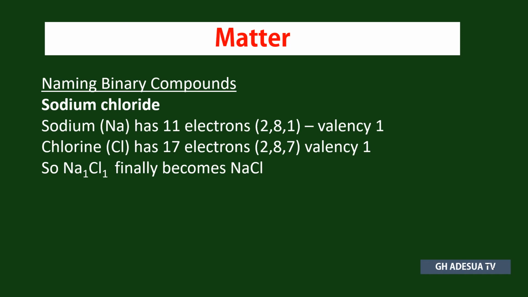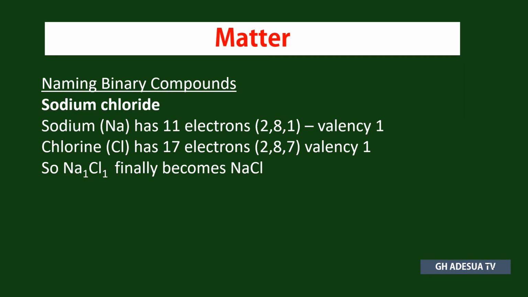Earlier, I told you that when it has 1, 2, or 3 electrons, it will prefer losing it to become stable and to obey the octet rule. Because according to octet, for stability, the outermost shell needs 8 electrons. So 2, 8, 1. So the valency of sodium is 1.